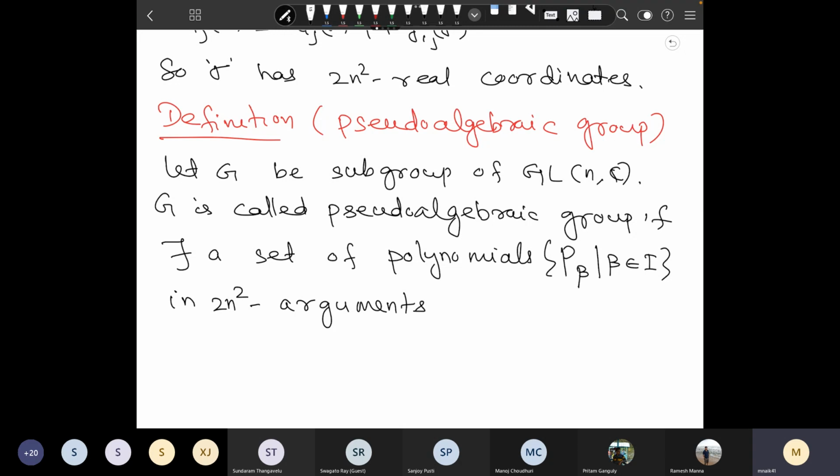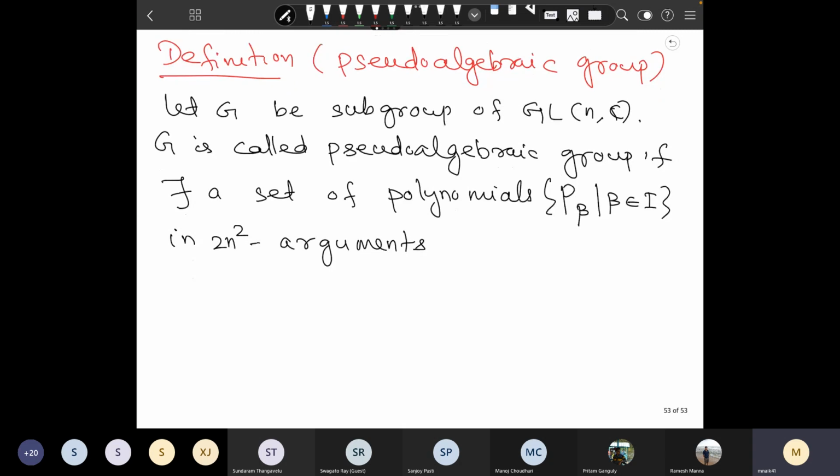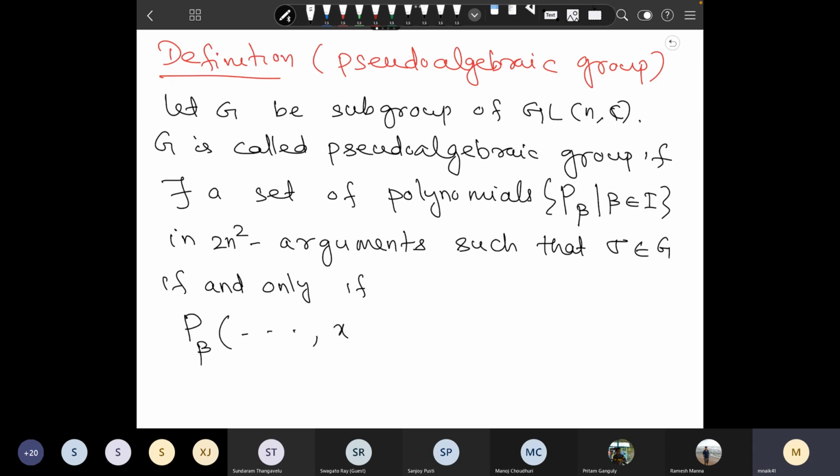So G is called pseudo algebraic group if there is a set of polynomials p beta, beta belongs to I, in 2n square arguments, so that sigma belongs to G if and only if p beta of sigma is equal to 0 for all beta belonging to I. That means sigma satisfies a certain polynomial equation.